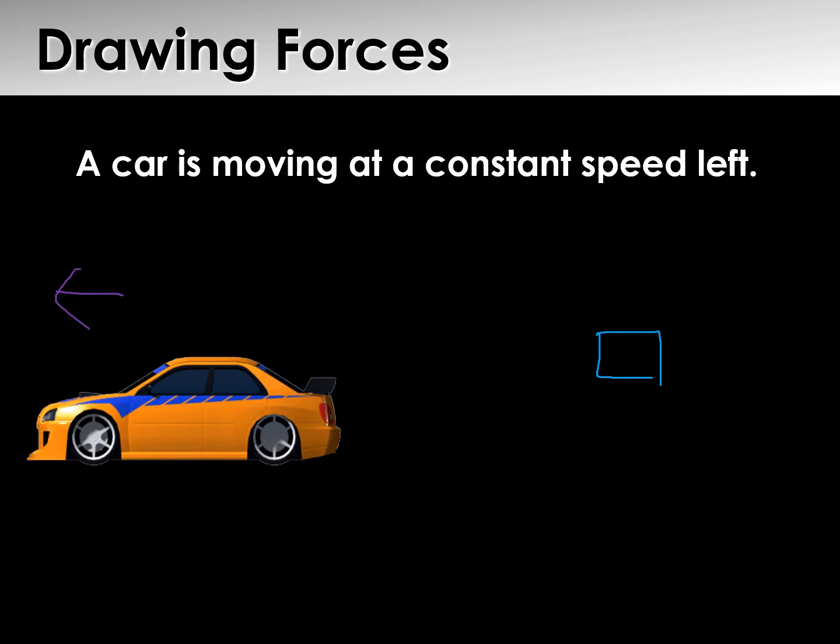Next, let's consider the forces acting on Y. What do you have? If this car is moving, it is on the street. So you have the force of gravity pointing down again. And because of the street, you have the normal force pointing up.